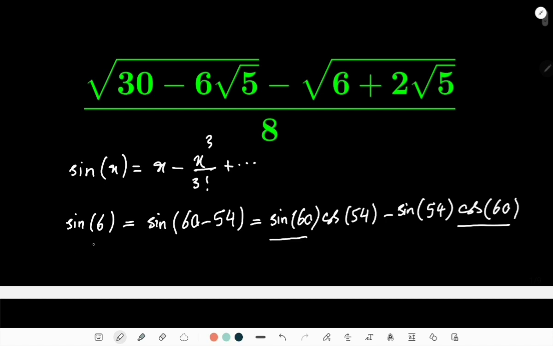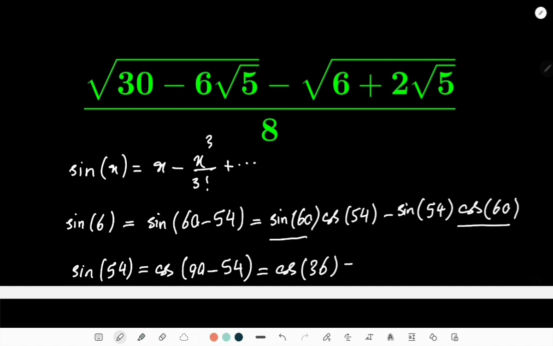So let's start with sine of 54. Sine of 54 can be written as cosine of 90 minus 54. Again, this is a known trigonometric identity, which is basically cosine of 36. But that can be written as 1 minus 2 sine squared of 18.